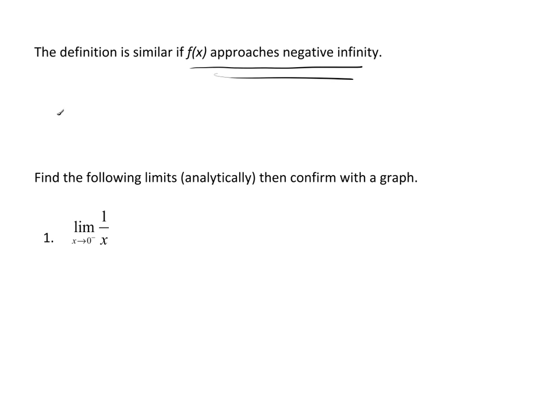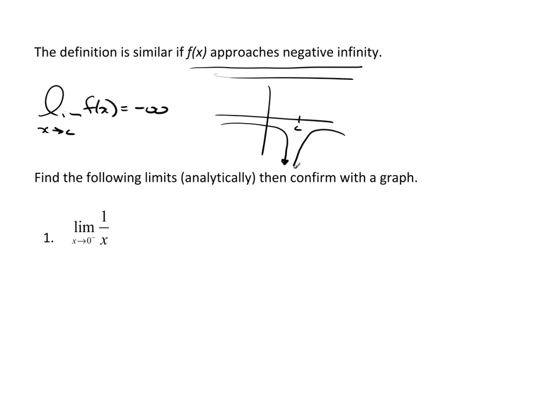So if I say the limit as x approaches c of f of x equals negative infinity, then what I just described is a situation similar to this, where as I approach c from the left, I go to negative infinity, and as I approach c from the right, I also go to negative infinity. Either way, this is still saying it does not exist.